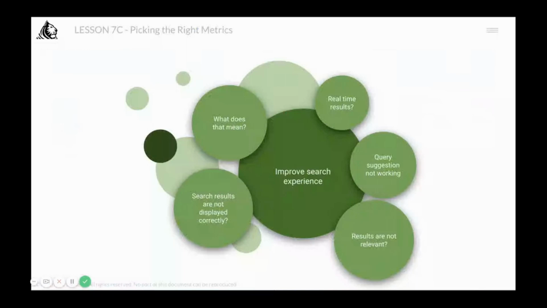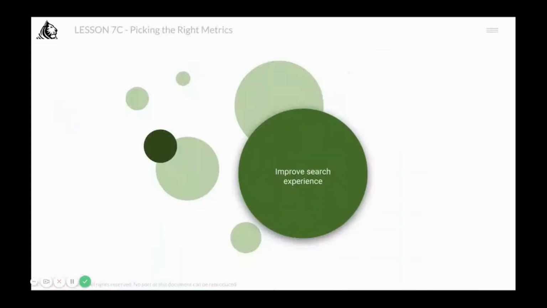There is just an endless barrage of things to talk about. And in this barrage, the important thing is you need to look at the data which impacts improving search experience the most. You need to identify what this exactly means at the end of the day.